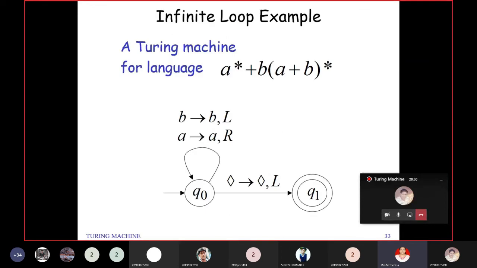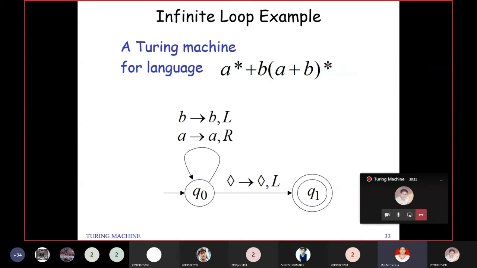So we'll see another example for infinite loop. Okay. So far we have seen examples where the machine halts at the accepting state for a string which belongs to the language, and halts at the non-accepting state for a string not belonging to it. That is what we call rejection.